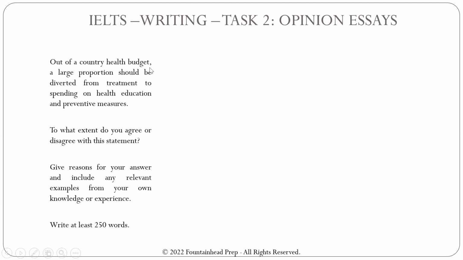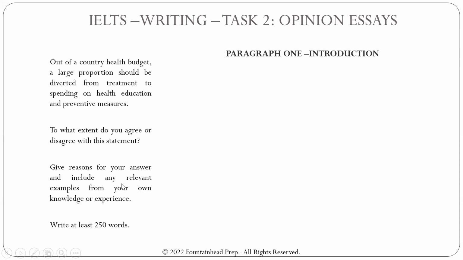You have a country's health budget, and it says a large proportion should be diverted from treatment to health education and preventive measures. Read the sentence at least twice to exactly understand the question. Very, very important, otherwise you'll end up getting distracted from the exact question. Reading the question is very important.